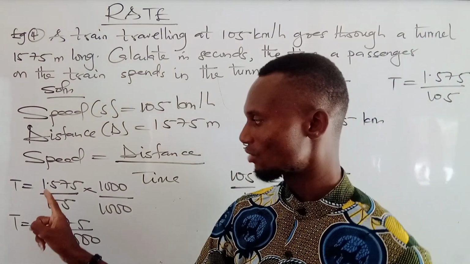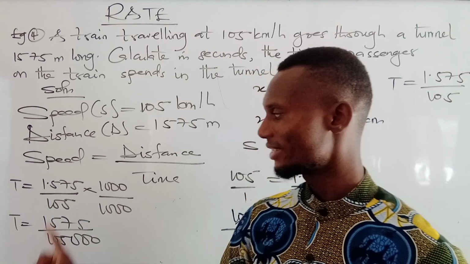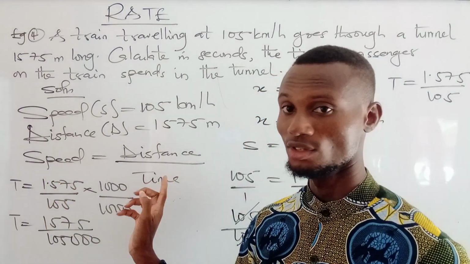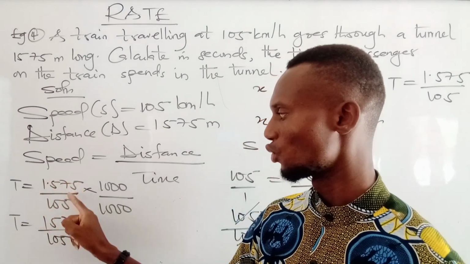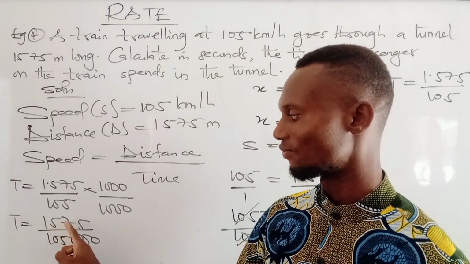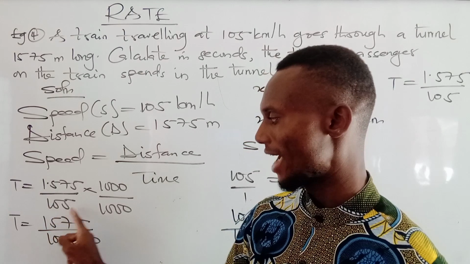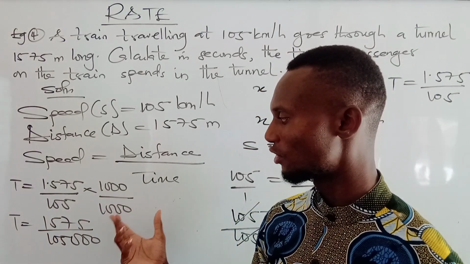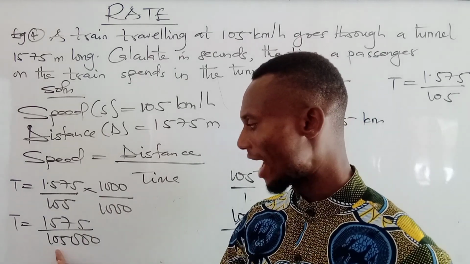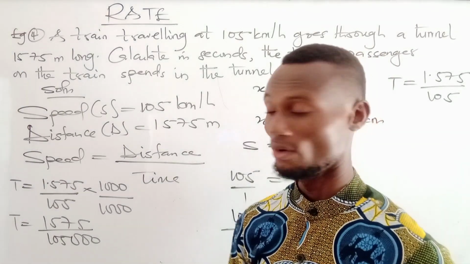You see that you have 1.575 being multiplied by 1000, so you just stand at where the point is and move 3 steps backwards. 1, 2, 3. That will result in 1575. Then 105 times 1000, all you need to do is pick the 3 zeros and attach it to it, so it will give you 105,000. Now this is the time given in hours.